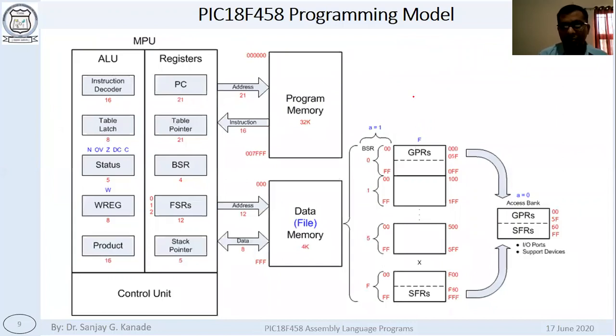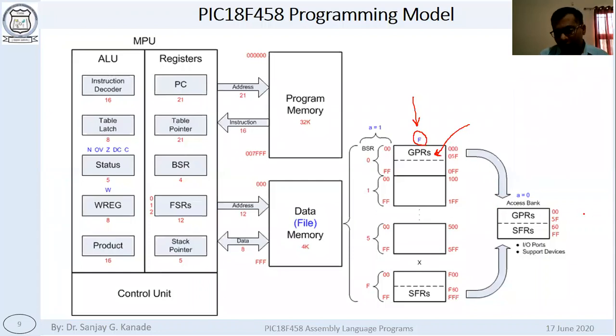You can see here, this is the actual data memory where F will be. F is these 8 bits plus 4 bits coming from here, or you can say 12 bits directly written here. If my register was 0x40, it comes somewhere here in this section, and you can note that this section is also part of the access bank.